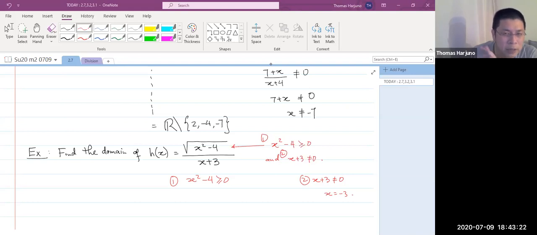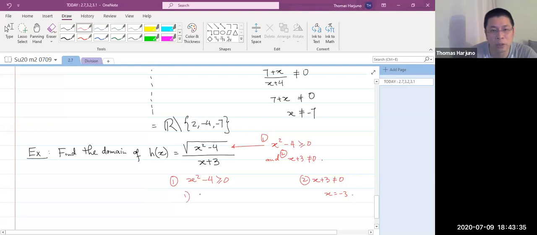Some little steps I don't mind, like for this one here. But for this one here, you need to show me work. Let me continue using red. Step 1 is the critical number, and I want you to write it down. But Thomas, I look at that, I know the answer.